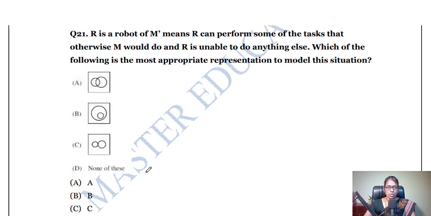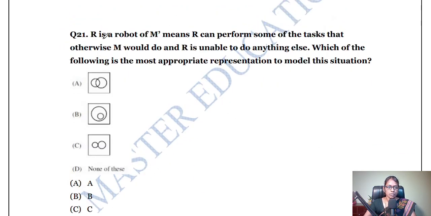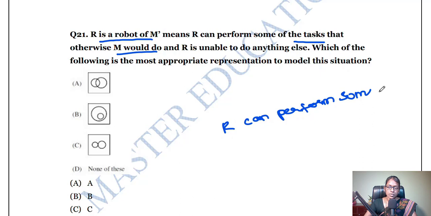The next question is, R is a robot of M dash means R can perform some of the tasks that otherwise M would do. R can perform some task of M that otherwise M would do.